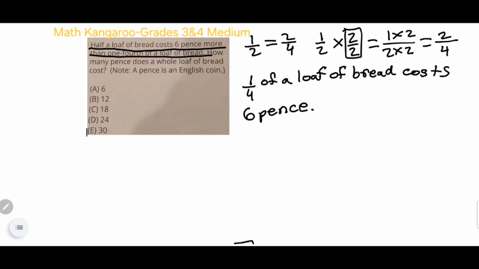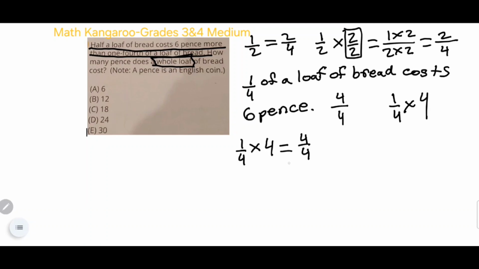So, they're asking how many pence does a whole loaf of bread cost? A whole loaf is basically 4 over 4. We can get 4 over 4, or 4/4, by multiplying 1/4 by 4. 1/4 times 4 is 4/4.